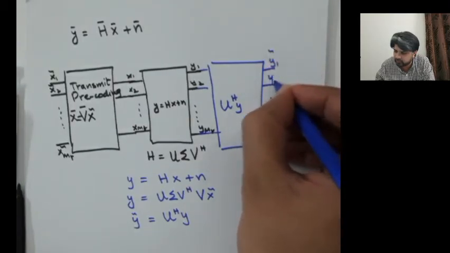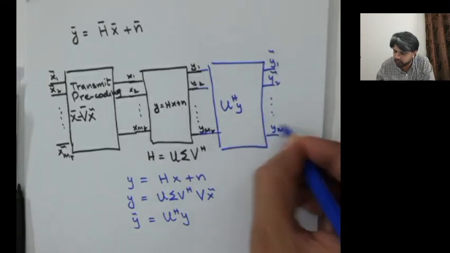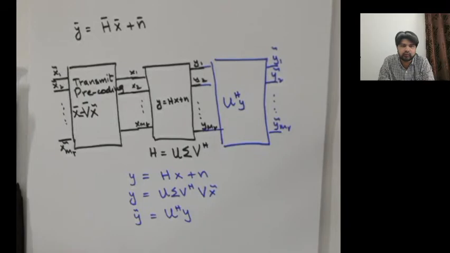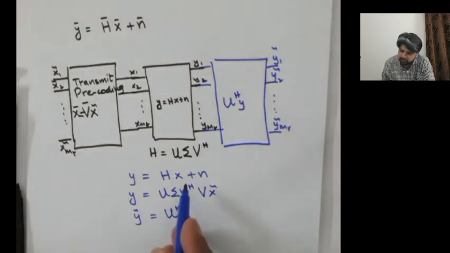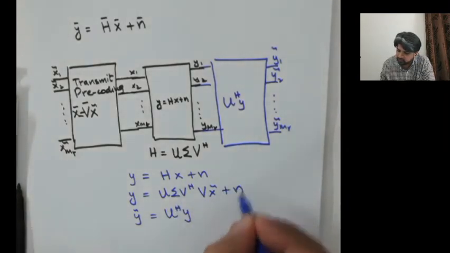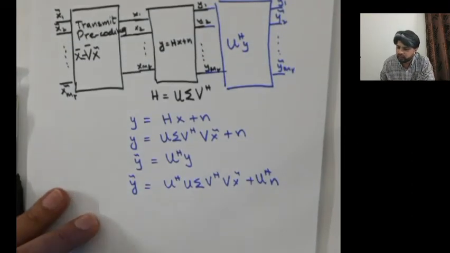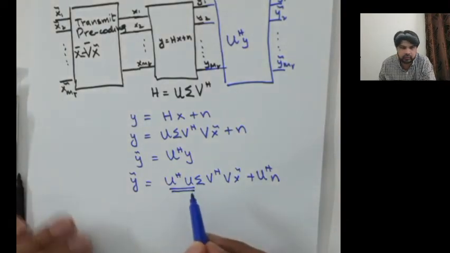This is Y1 tilde, Y2 tilde, up to YMR tilde, where U is a matrix of dimension MR cross MR, and V is a matrix of dimension MT cross MT. So if we apply this to this Y, the Y tilde that you would get would be U Hermitian times U sigma V Hermitian, V times X tilde, plus U Hermitian times your N. And we said this would be an identity matrix.